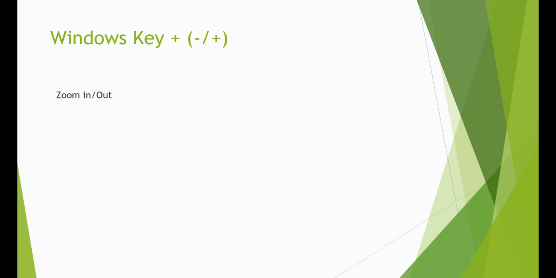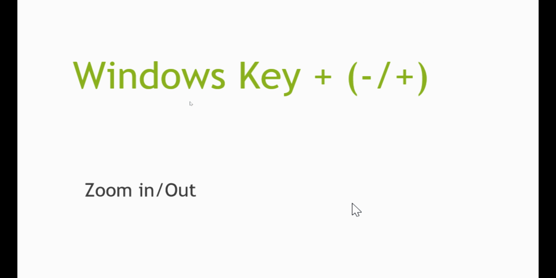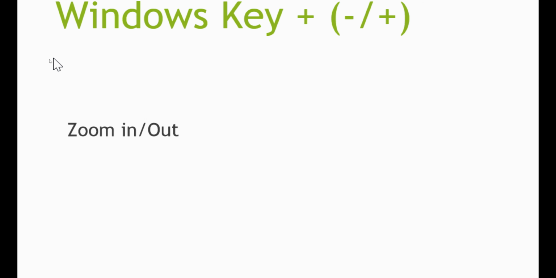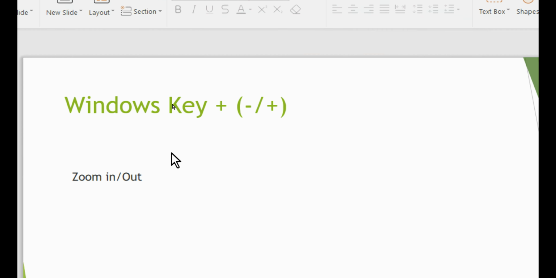So if you do the plus sign, you can zoom in your screen. Like over here. You can zoom in to see the words clearer if it's a bit small.